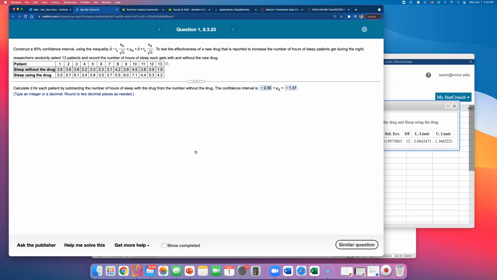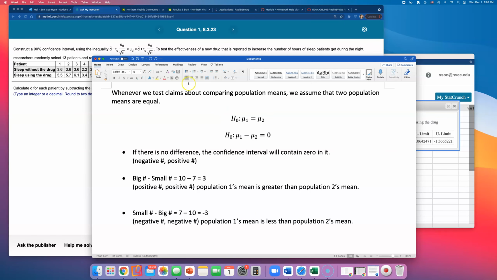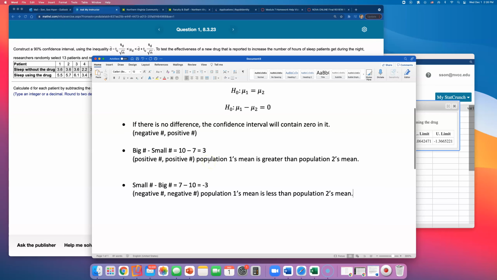And now here's the thing. If you take a look at this confidence interval, this doesn't contain 0. This is completely below 0, right? If you watch the previous video that I recorded, I can't remember which number it was, but in that video I talked about how if you do a small number minus a big number, like for example, 7 minus 10, you get negative. If the confidence interval is completely negative, the mean from population 1 is less than the mean from population 2.